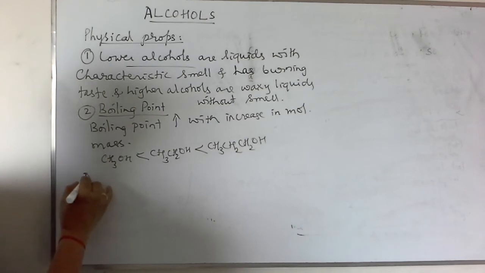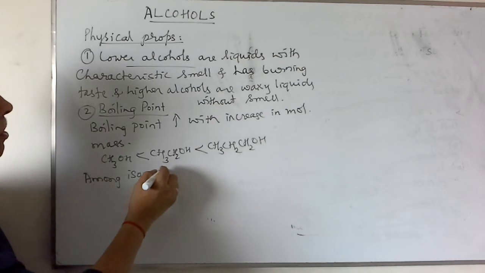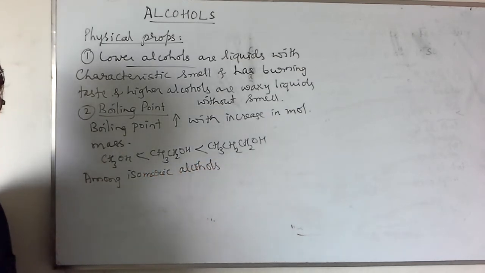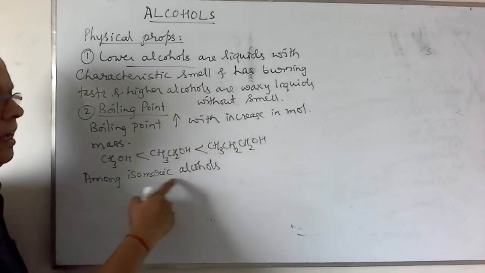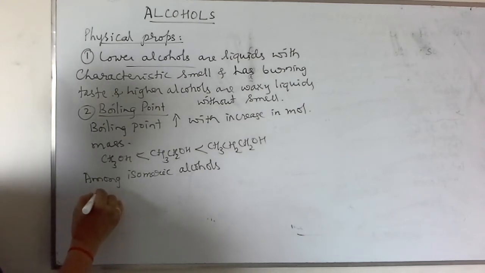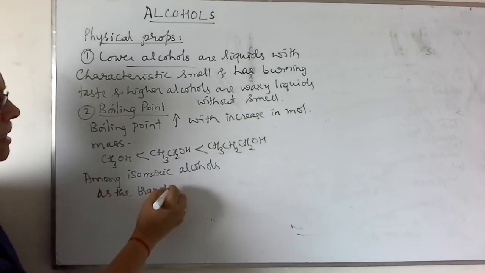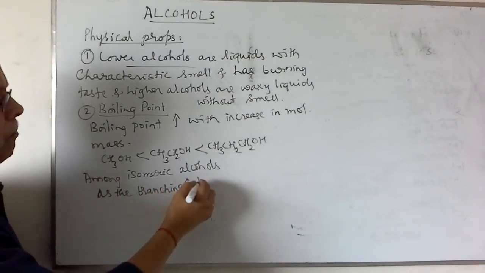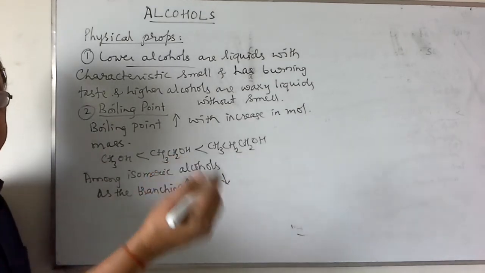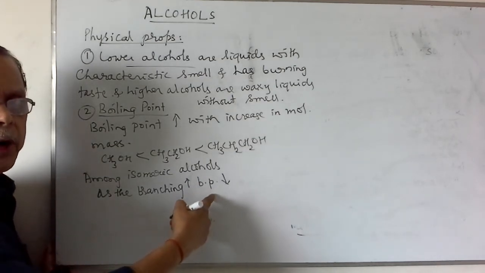Then among isomeric alcohols, if the alcohols have the same molecular mass and exhibit chain isomers or position isomers, as the branching increases, boiling point decreases. Because as the branching increases, the surface area becomes smaller, and the attractive forces among the molecules will decrease.